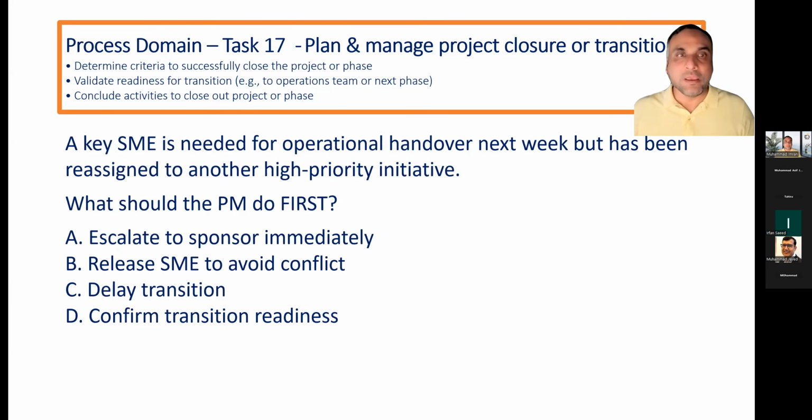Next, a key SME is needed for operational handover next week, but has been reassigned to another high priority initiative. Initiative is project. What should a PM do first? Escalate to sponsor immediately, release SME to avoid conflict, delay transition, or confirm transition readiness.